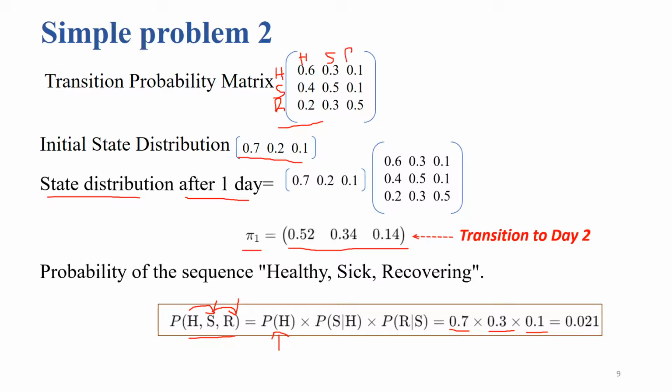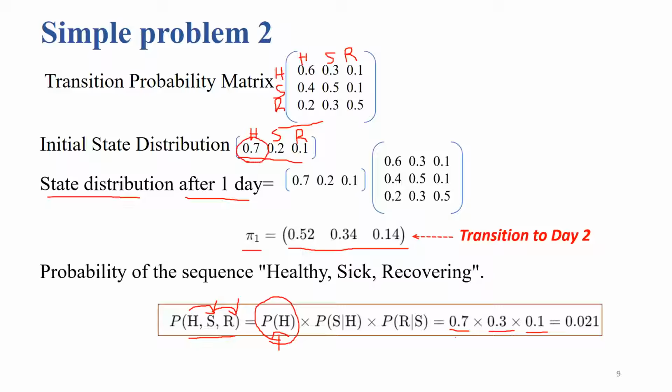The first thing is the probability of H. So the initial state distribution for healthy is 0.7 from this matrix. This is the initial state distribution for healthy, and this is for sick, and this is for recovering. So for P of H, it's taken from this matrix, 0.7.